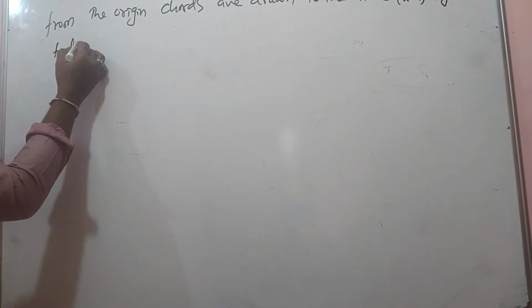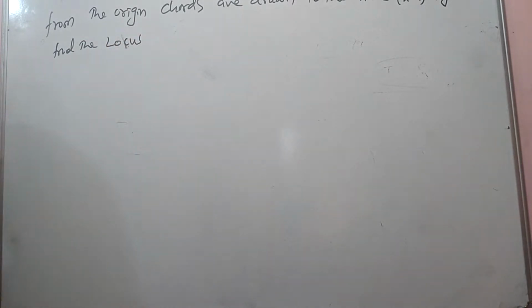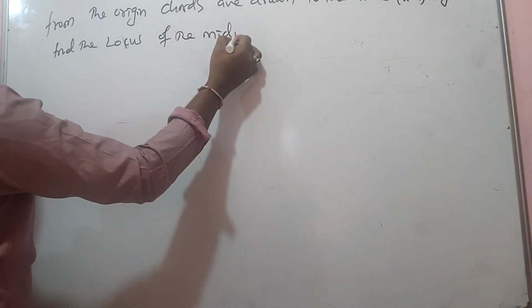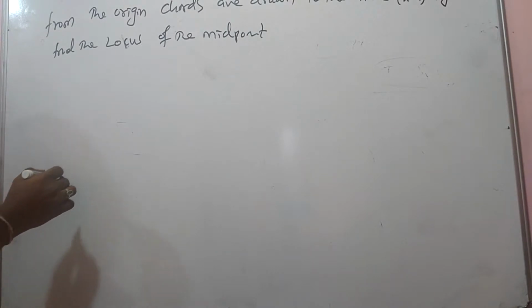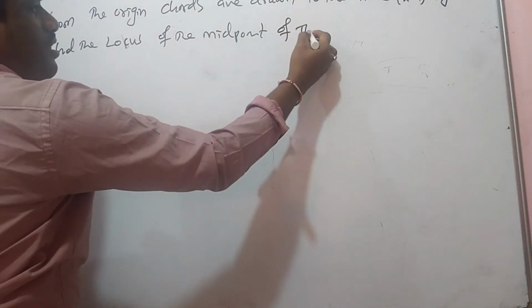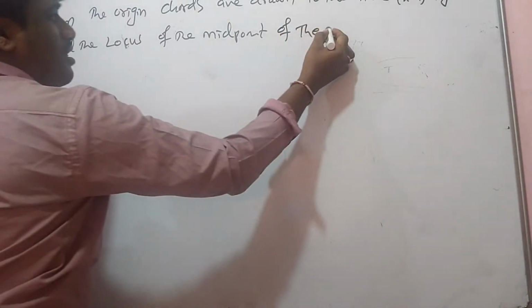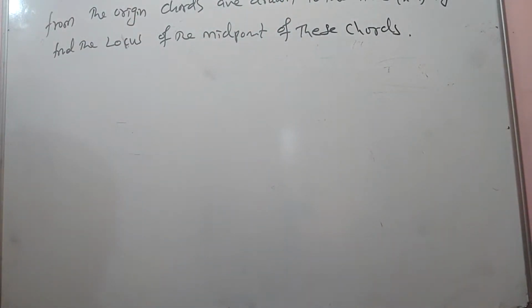Find the locus of the midpoints of these chords. Whenever you have the locus of the midpoints of chords, then you have to use this condition. This is the question now.